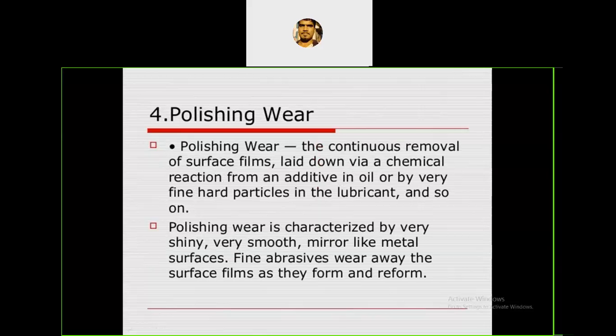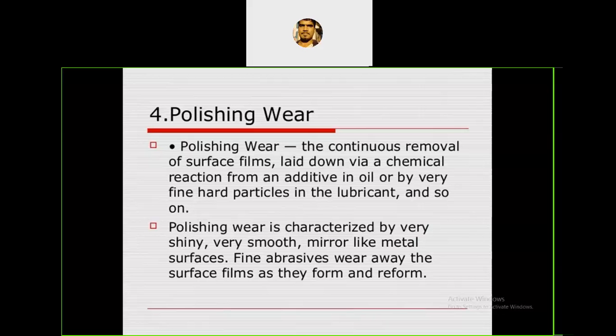So next is polishing wear. You have already seen what is meant by polishing: making a rough surface into a smooth surface by slowly removing particles on the surface. You can see this in grinding operations or specimen preparation. In wear testing, you are going to prepare the specimen or microstructure in the third semester MT lab.